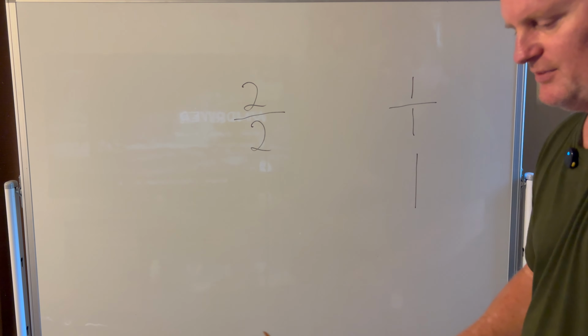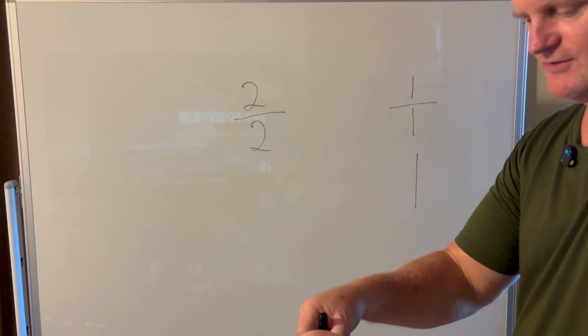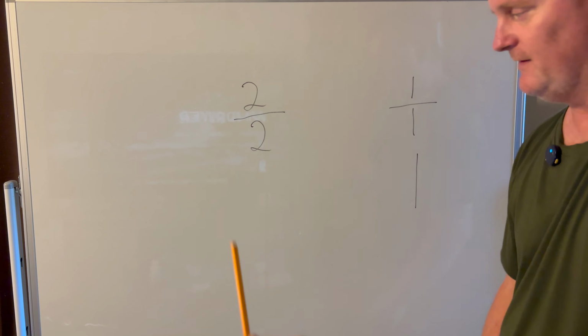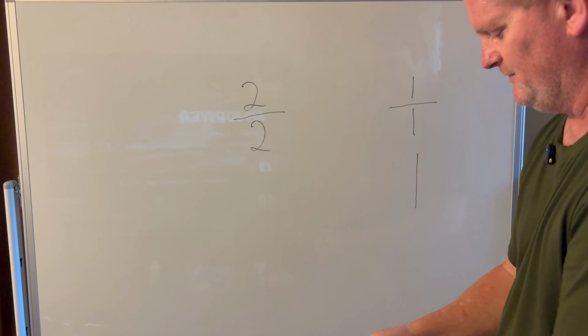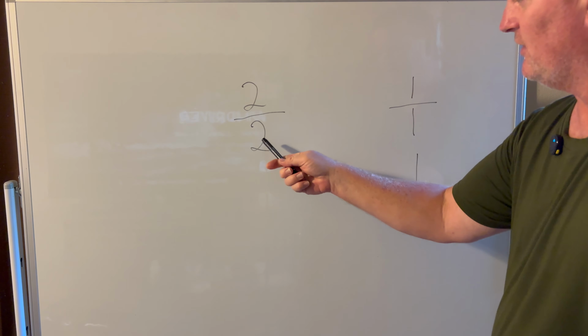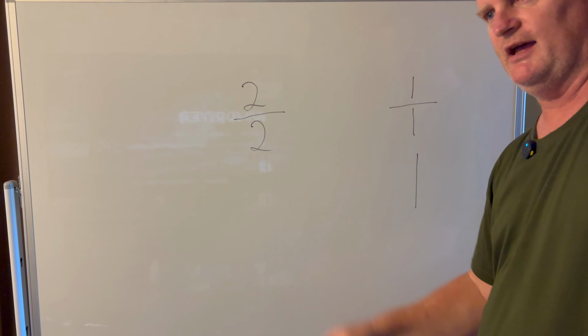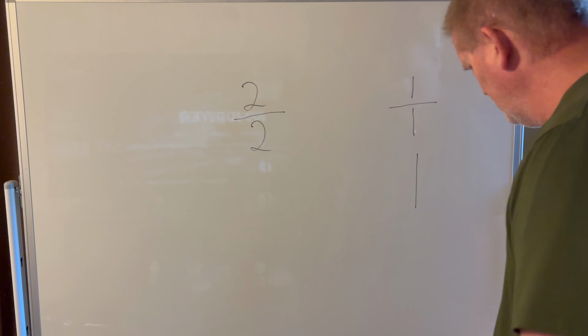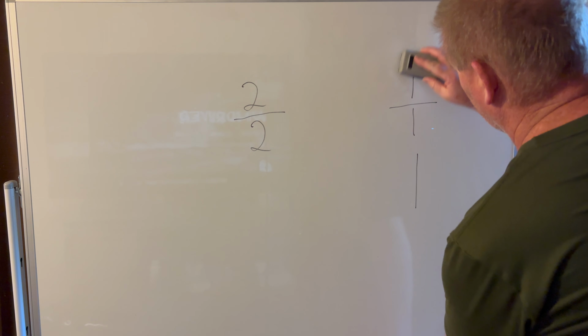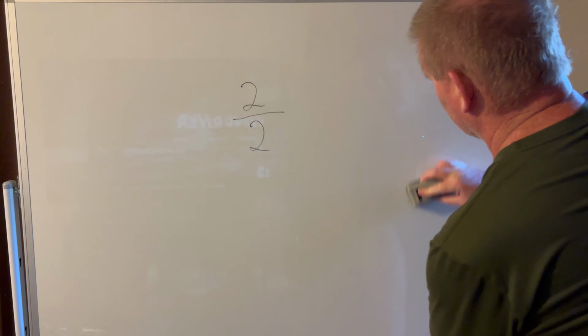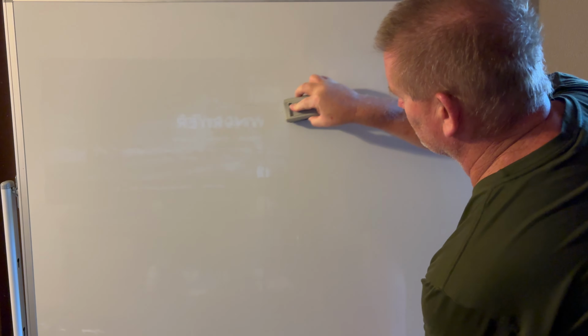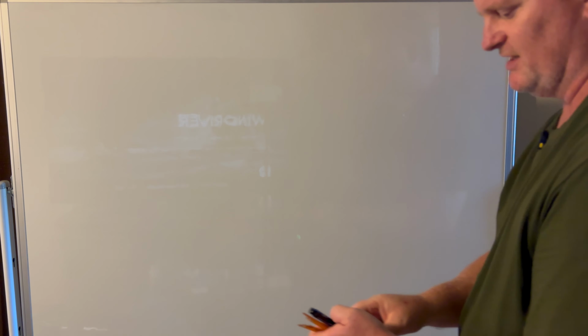I can put these two pieces back together and I still have the whole pencil. The bottom number is how many pieces there are of an object. The top number is how many pieces you have. So any number over itself is a whole number. It's the whole object, so you would have the whole object in your possession.